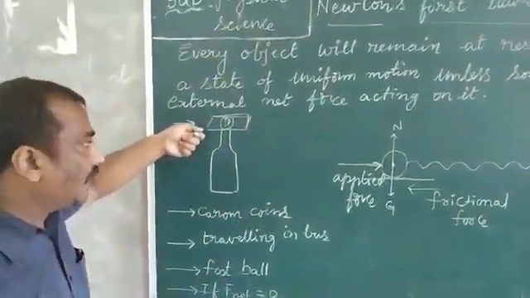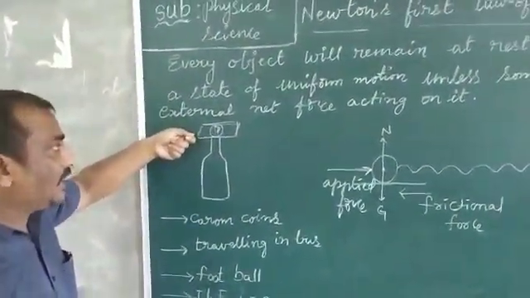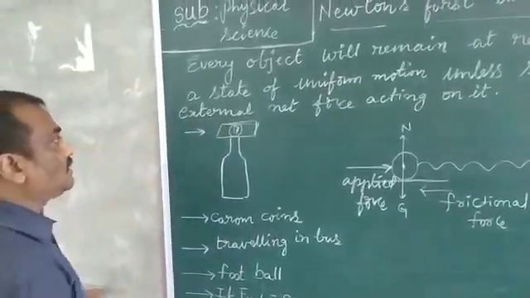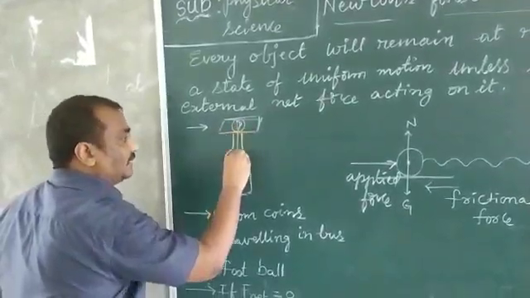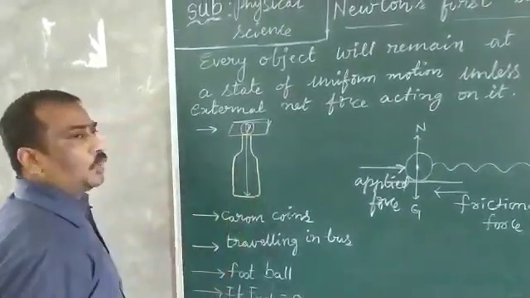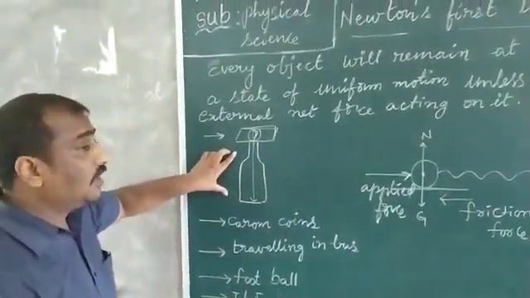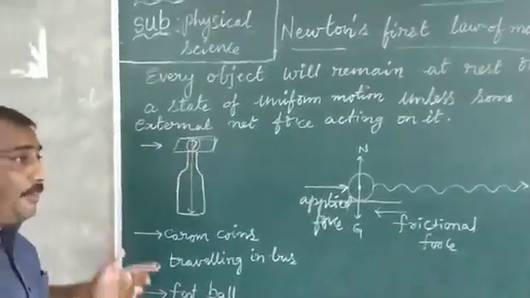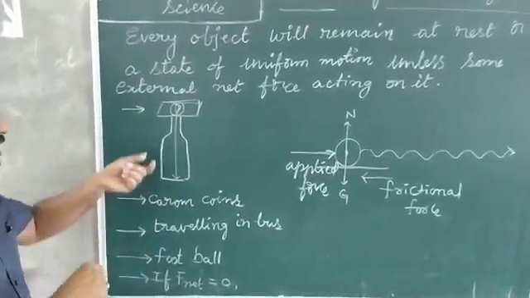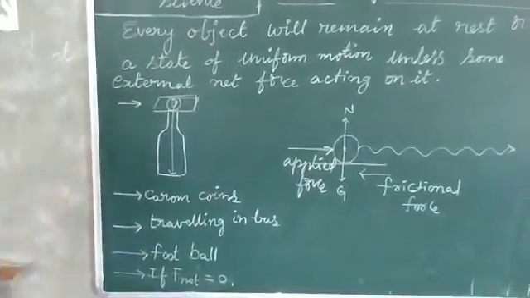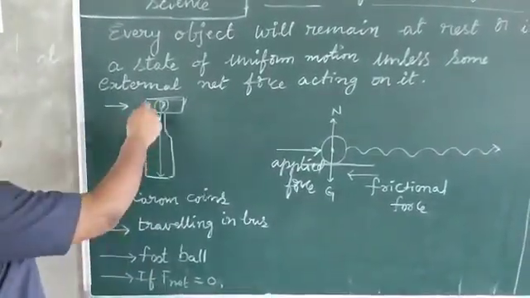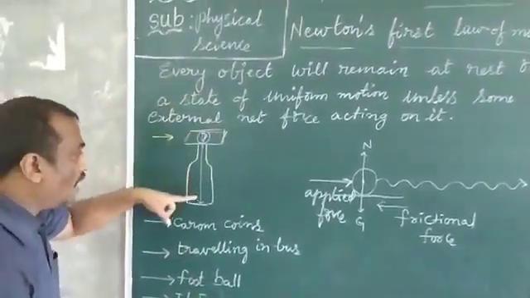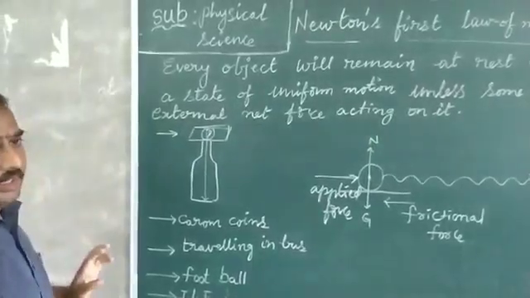If we jerk that cardboard immediately from the bottle, what happens? The cap will fall down. From this activity, what can you learn? The cap is at rest. Even though the cardboard is moving fast, the cap continues in a state of rest. That's why it falls down into the bottle.